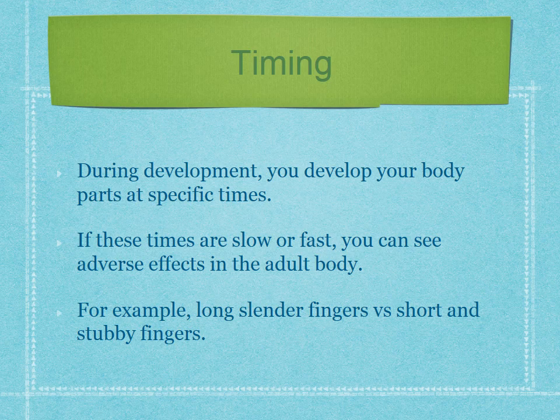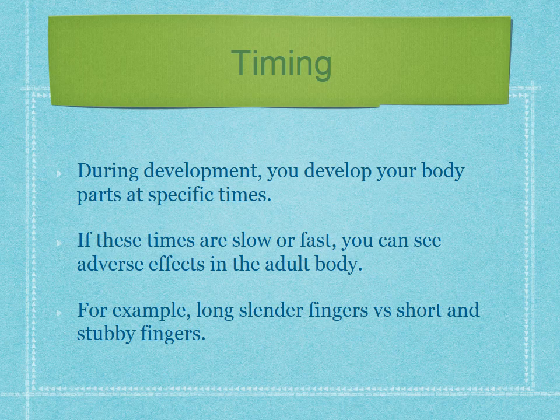You eventually develop a heart, your fingernails, your brain, your lungs, your body, all that stuff. All that slowly develops over time. And everything is timed by our DNA. And if these timings are slower or faster than normal, we can actually see adverse side effects in the adult body.